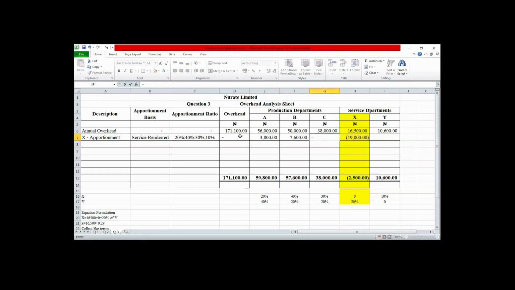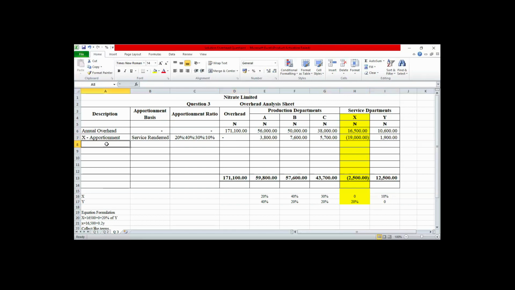The third one will be 30% times 19,000, which is 5,700. The last one will be 10% times 19,000, which is 1,900.